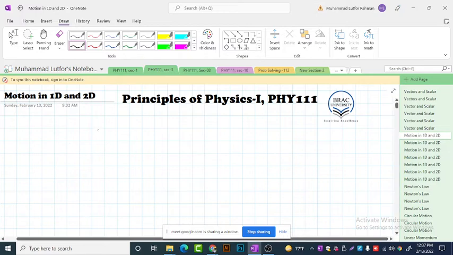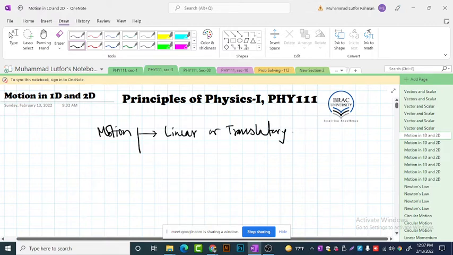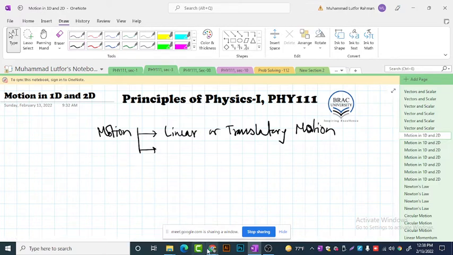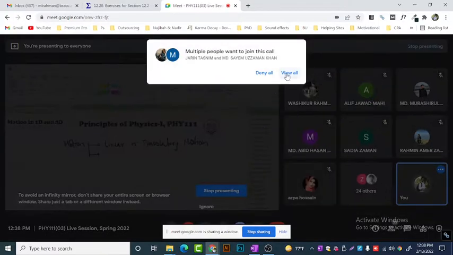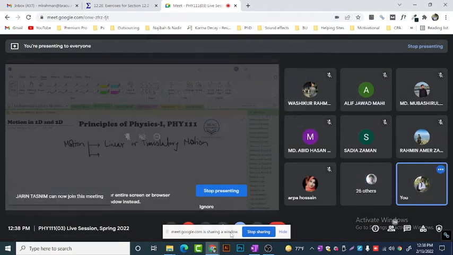We can categorize motion in two ways. One is linear or translatory motion, which is motion in a straight line. The second is rotatory or circular motion.